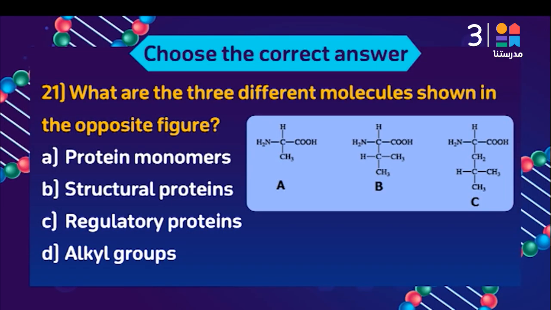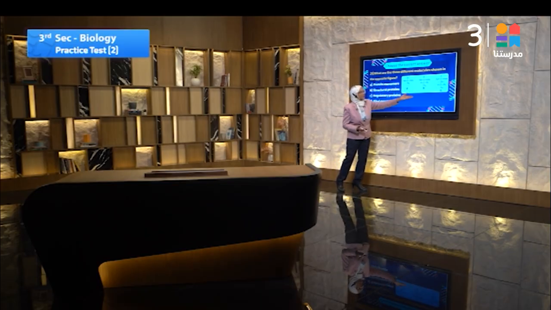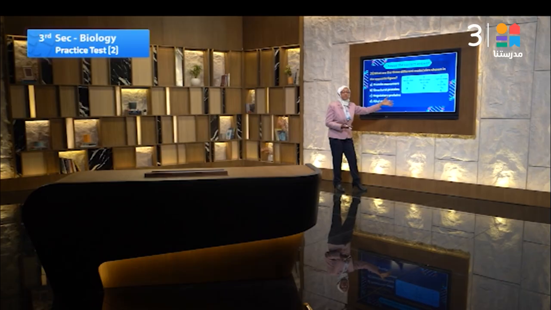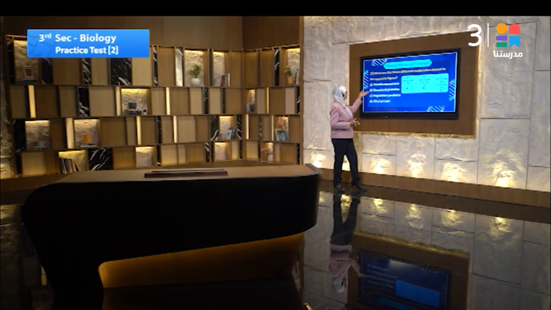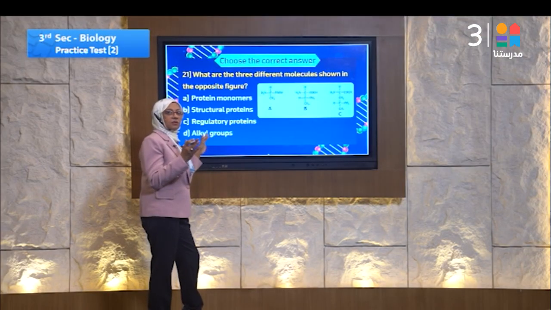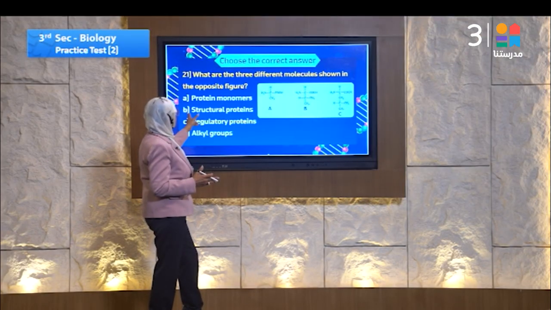What are the 3 different molecules shown in the opposite figure? They speak about A, B and C. They are molecules. Number A, protein monomers. That's it, but we must read all the choices. Number B, structural protein.